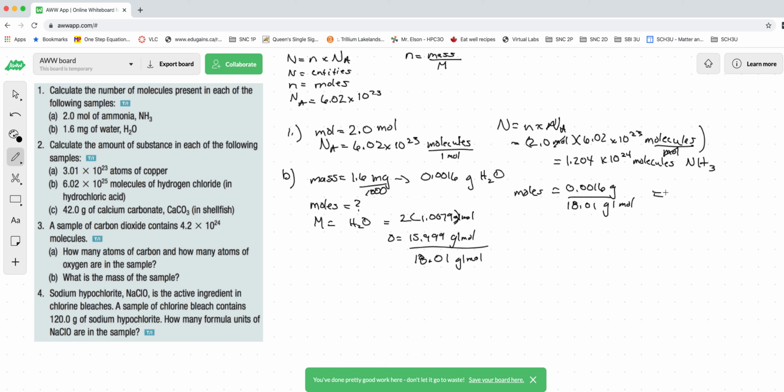I've already done the unit analysis as well before, so I'm not going to show that again. I just want to double check my math here. So it's a tiny amount of grams, so it's going to be a tiny amount of moles as well.